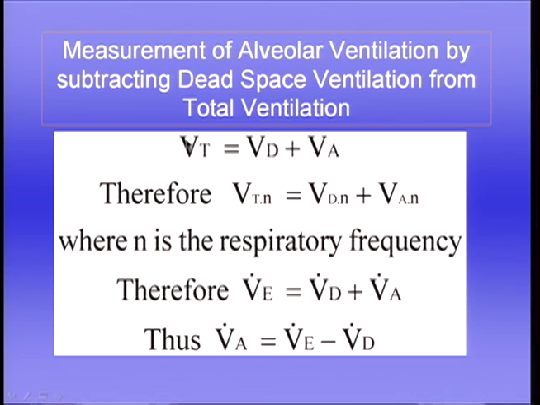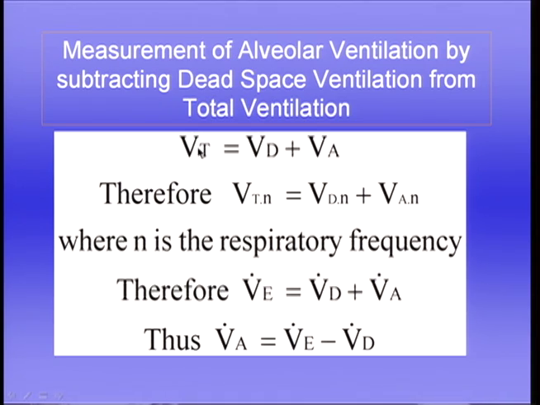V stands for volume, and subscript T means tidal. So this is tidal volume, this is dead space volume, and this is the volume coming from the alveoli. Incidentally, as we go on, you'll see that in the gas phase, we always use uppercase letters. We use lowercase for the blood phase, which we'll be talking about next time.